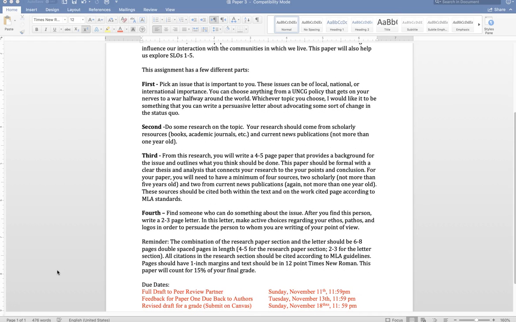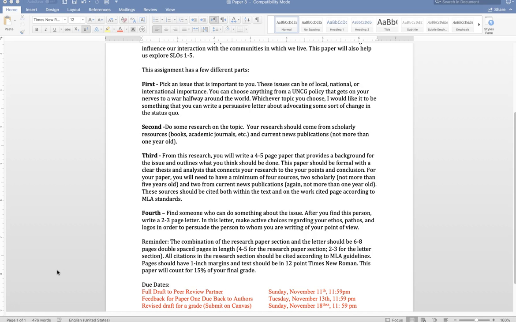As a reminder, this is a combination of a research section and a letter section, so both together should be 6 to 8 pages. Now, this is designed in such a way that my hope is that neither section is too onerous, and that you are not getting overwhelmed by the pagination.